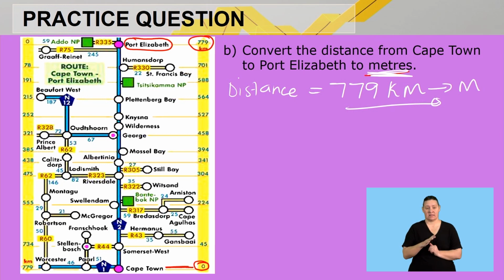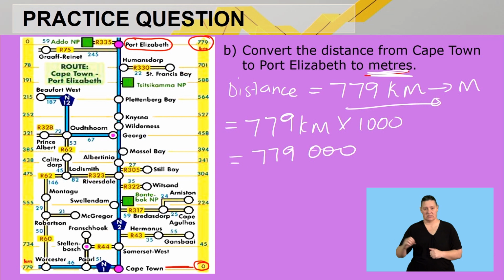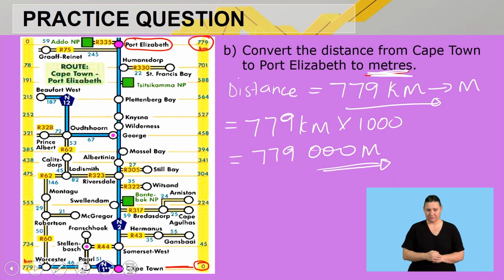So, going to your conversion table, you are going to have 779 kilometers, and this will be multiplied by 1,000. This will give us a total distance of 779,000, but now it's in meters. That's where we should leave our answer, in meters.